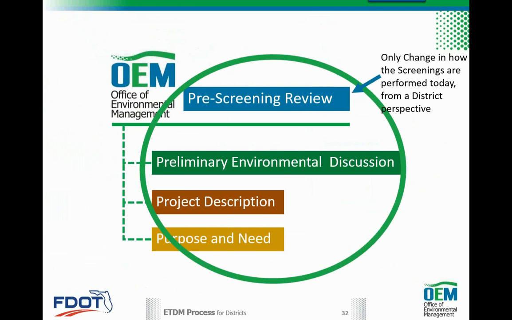There's a corresponding preliminary environmental discussion that's created relative to a particular project or alternative that the resource agencies and the public have access to, so they can see that we've done some initial assessment, and here's a fact-based what we found and what we think we're going to do, and that provides an opportunity to the ETAT members that are reviewing things to see that we know what we're talking about, and they can either confirm our understanding, or they can supplement it with some additional things that maybe we missed or hadn't considered, or anything else that they need to communicate for us.